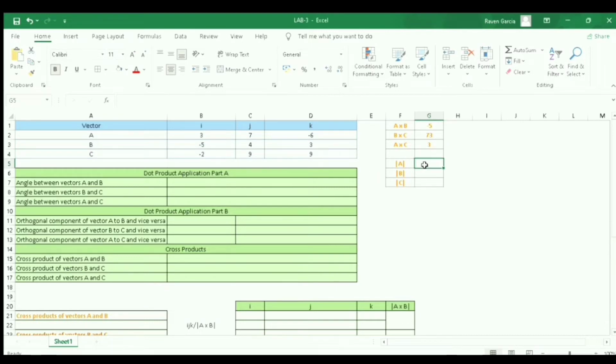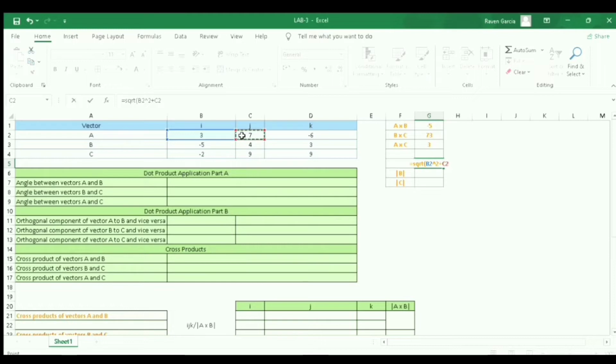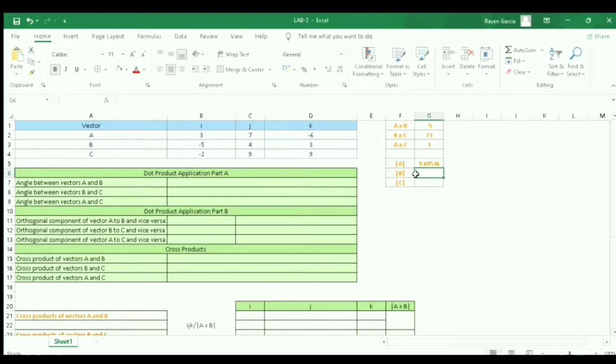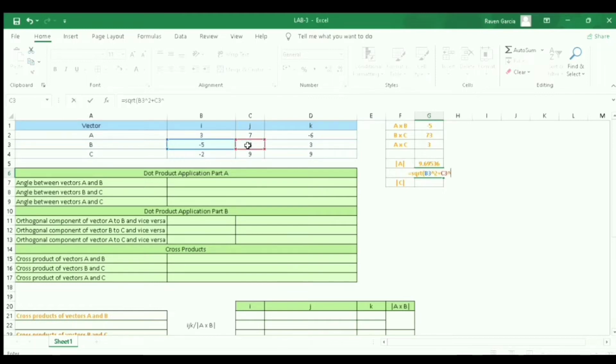Let's do the magnitude A, B, and C. At row 5, column G, input the formula equals square root open parenthesis B2 squared plus C2 squared plus D2 squared close parenthesis. The output is 9.69536. At row 6, column G, input the formula equals square root open parenthesis B3 squared plus C3 squared plus D3 squared close parenthesis.